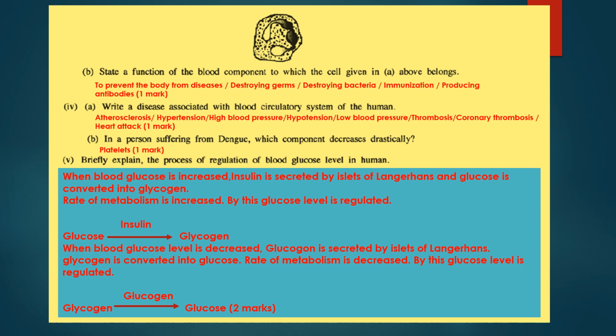When blood glucose level is decreased, glucagon is secreted by islets of Langerhans. Glycogen is converted into glucose. Rate of metabolism is decreased. By this, glucose level is regulated. Glycogen with the presence of glucagon converted into glucose. You can earn 2 marks for your correct answer.